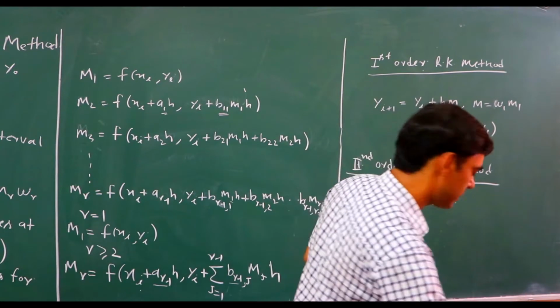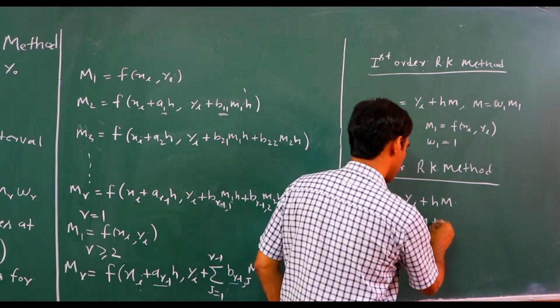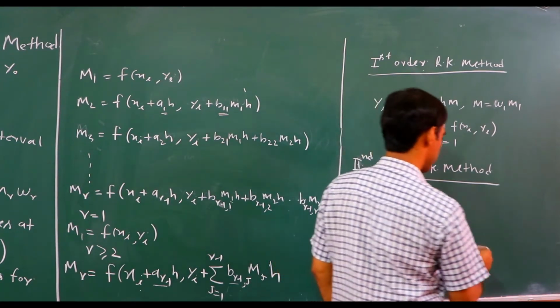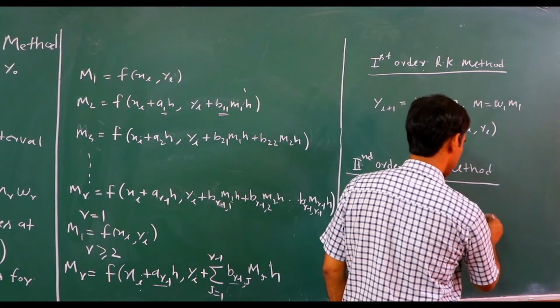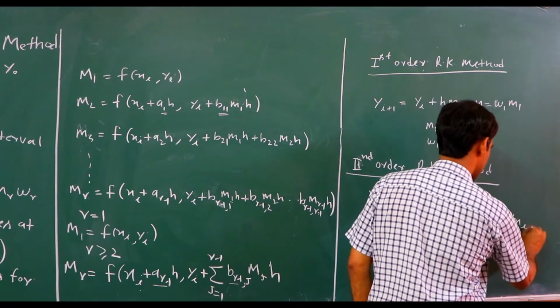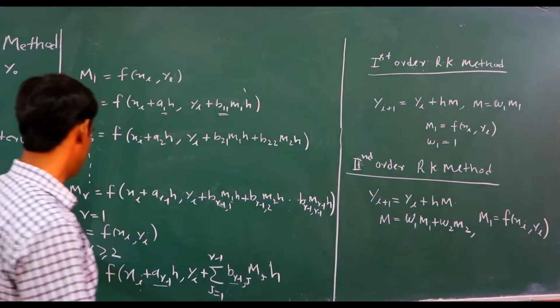First we write the weight, then W1 M1 plus W2 M2. And what is the value of M1? M1 is f of x_i, y_i.